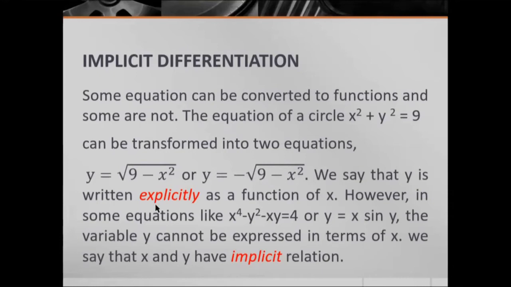We say that y is written explicitly as a function of x. However, in some equations like x to the fourth minus y squared minus xy equals 4, or y equals x sine y, the variable y cannot be expressed in terms of x. We say that x and y have an implicit relation.